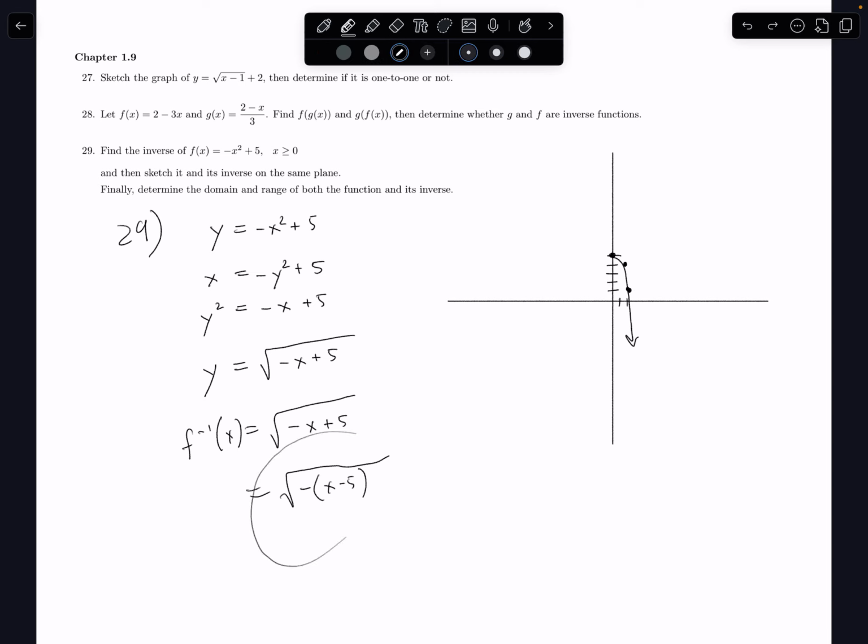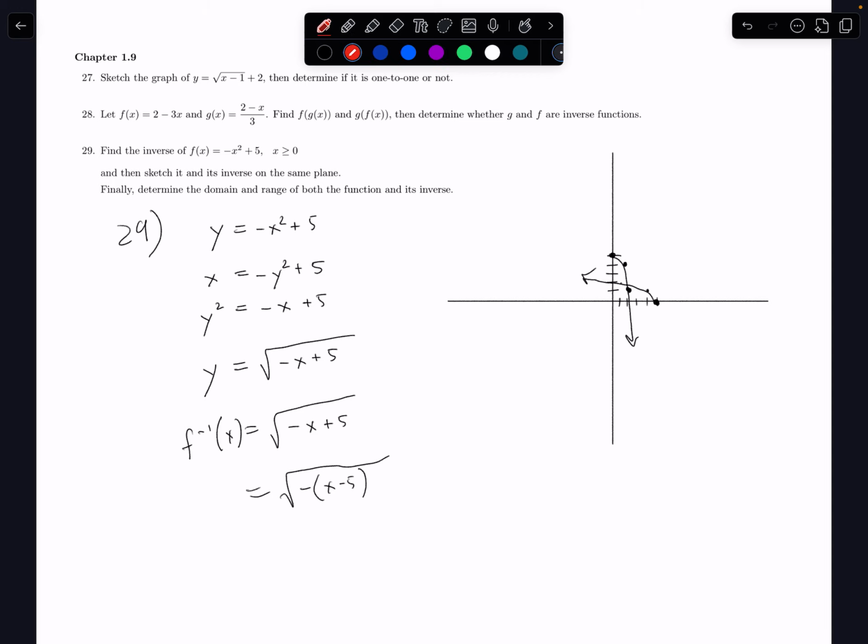Now I'm graphing the inverse. 1, 2, 3, 4, 5 here. This is the starting position, right? But remember we saw the negative means it opens to the left. So up 1, left 1, right? And left 4, up 2. So like this. Something like this.